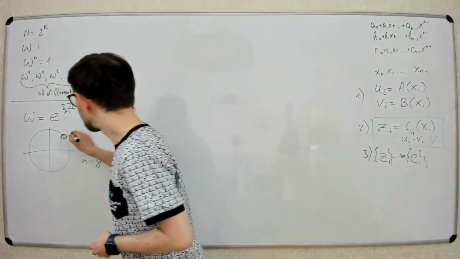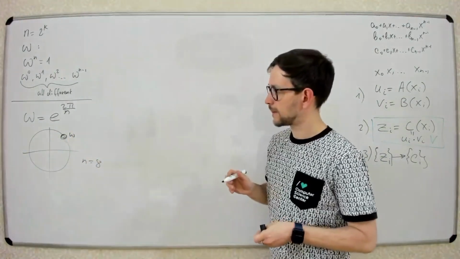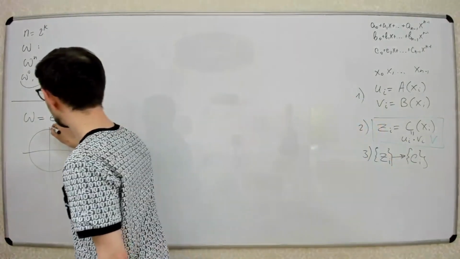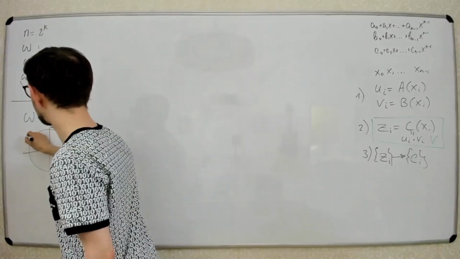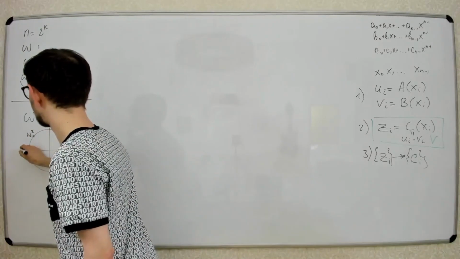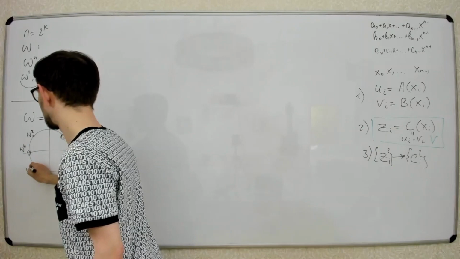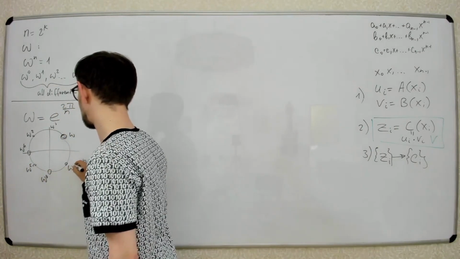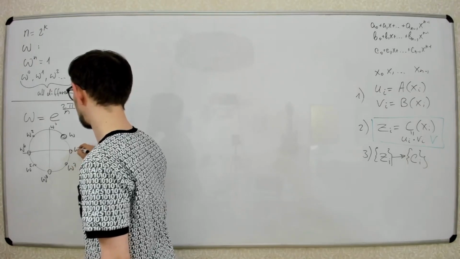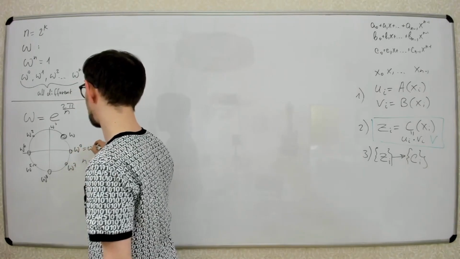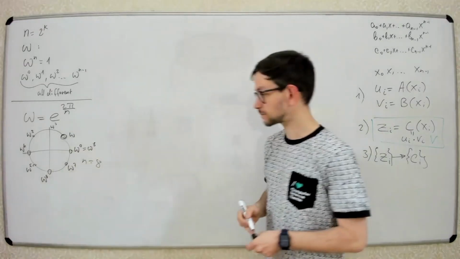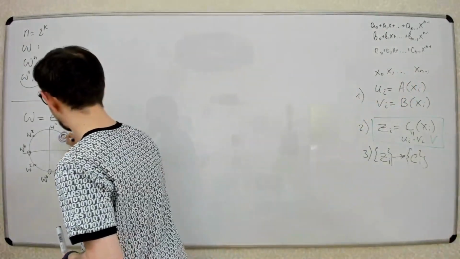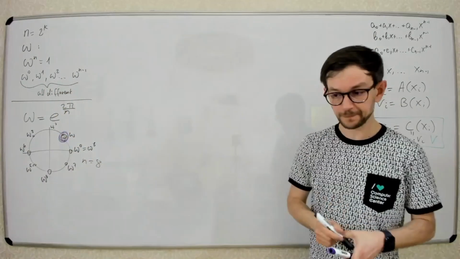If this is your w, then if you take the powers of this w, here you will have w squared, here w cubed, w to the power 4, 5, 6, w to the power 7, and here you have w to the power 0 equals w to the power 8. So in complex numbers you can take this number as your base.